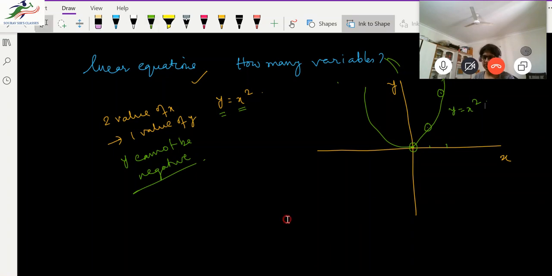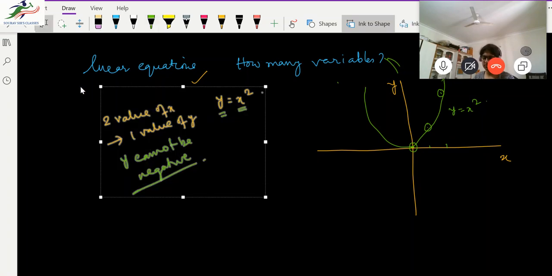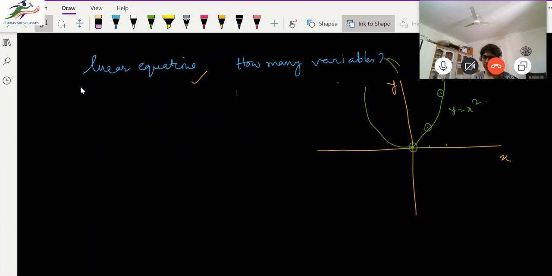Now if I talk about y equal to x square plus x plus 1, then how will the curve look like?